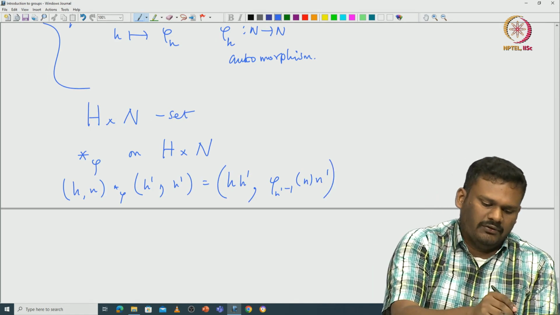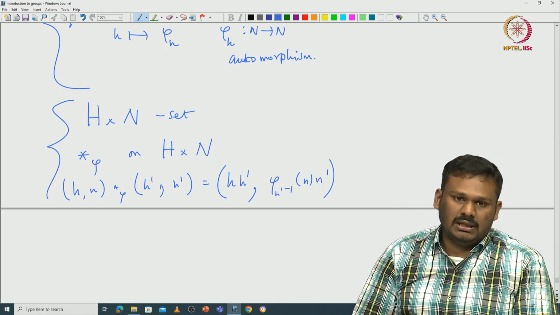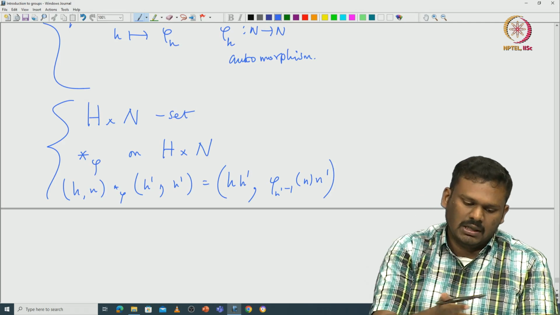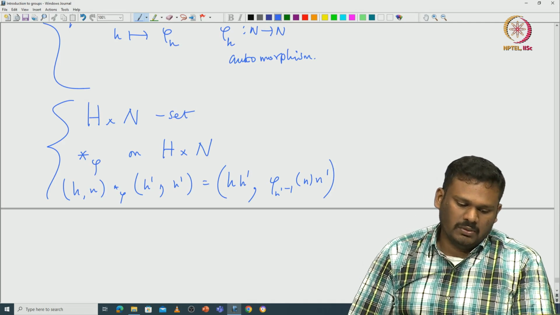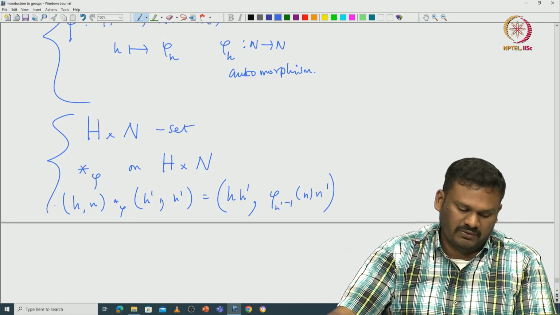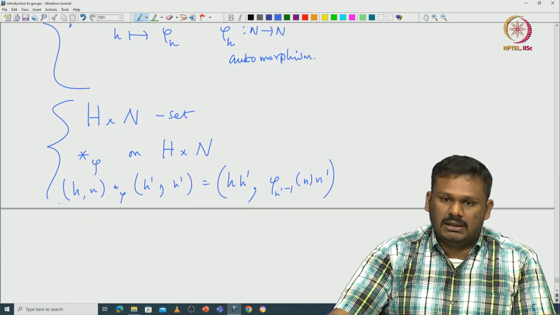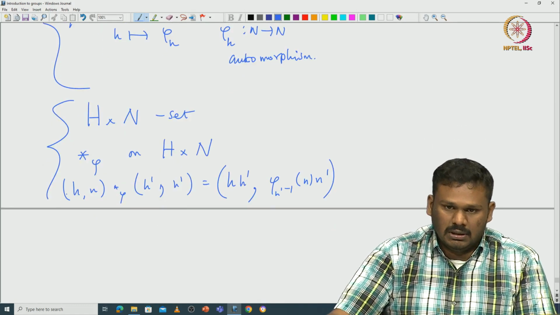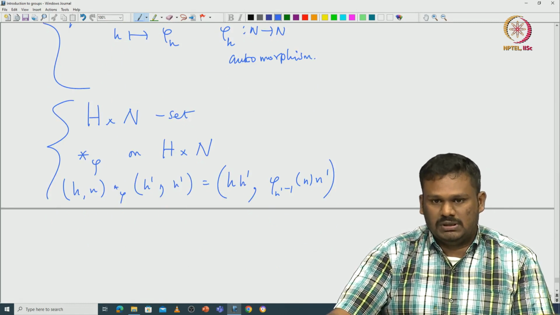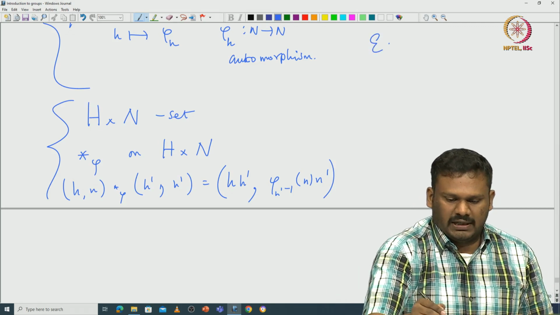Okay. So now we are claiming that this H cross N with respect to this star phi is actually a group, which is called the semi-direct product of H by N using this automorphism phi, or the extension of H by N using this automorphism phi. And of course, by definition you can see that these semi-direct products very much depend upon this automorphism that you choose. Okay. So maybe you take it as an exercise.